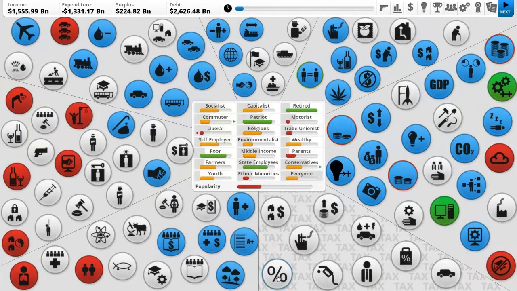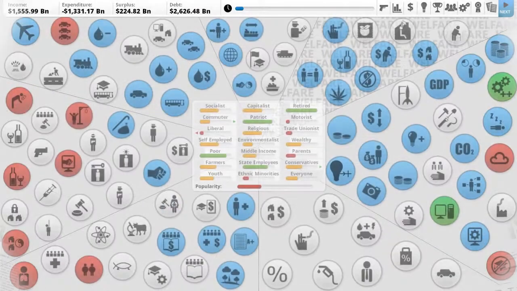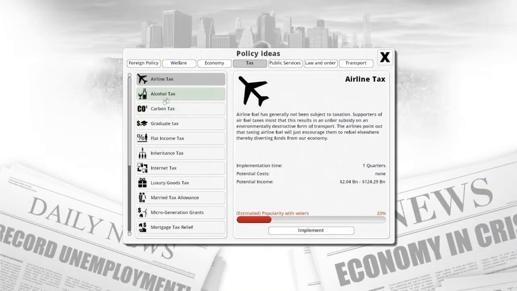And something else that we can do is actually, with the income tax, right now our income tax is a progressive one, which means the more money you make, the more taxes you have to pay. But what I propose is that we change this. Let's see, we're making $837 billion a quarter. Change it to a flat income tax.